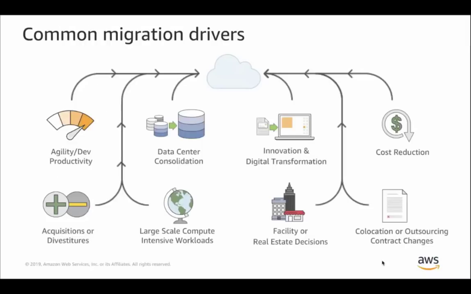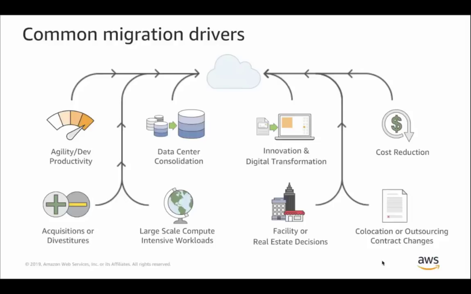So let's talk about some of the common migrations that lead people to a journey on the cloud. AWS has been around since 2006, and we have millions of customers across a diverse set of industries, and many of these customers are moving all their assets to the public cloud, that is AWS.